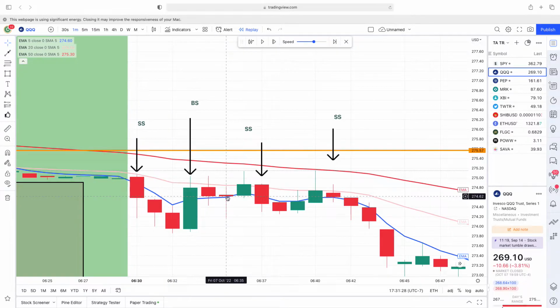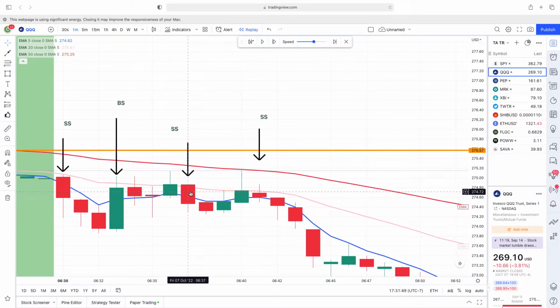Even this, whether it has a wick or not, that's a solid sell signal to me if it's red. This is a solid buy signal to me if it is green. Those are not the only things I use to get in and out of a trade, though. I use everything in conjunction with each other, and I'm showing you what I do, okay?